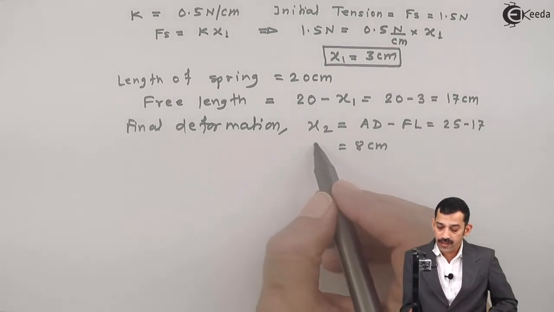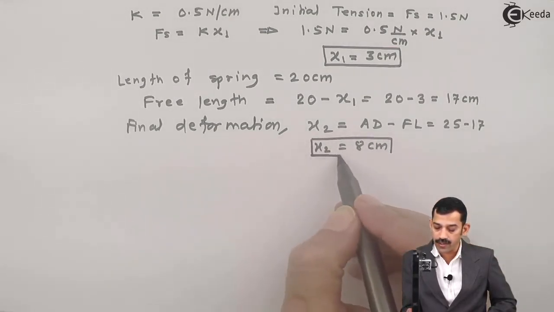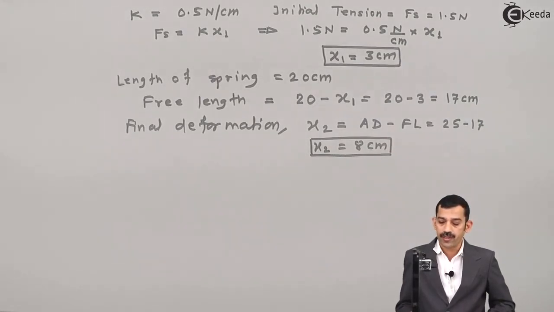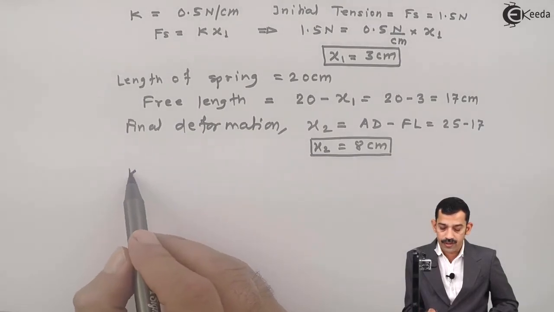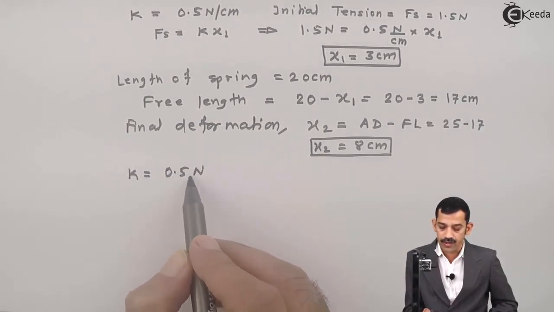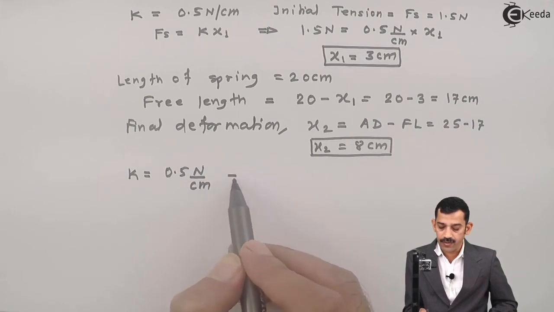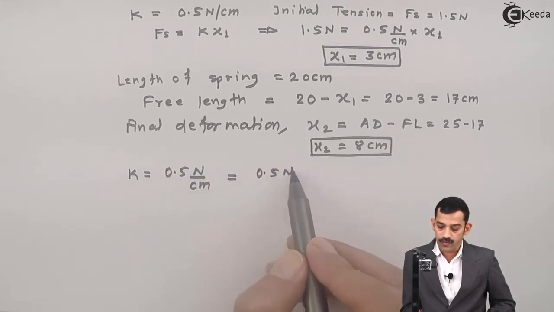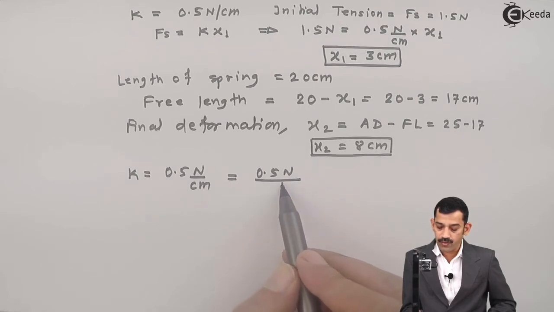Now in this case, x1 and x2 were written in centimeters, but if you apply the work energy principle, x must be in meters and k must be in Newton per meter. Therefore, this value of k is given as 0.5 Newton per centimeter. If you want to write it in Newton per meter, 1 centimeter means how many meters?